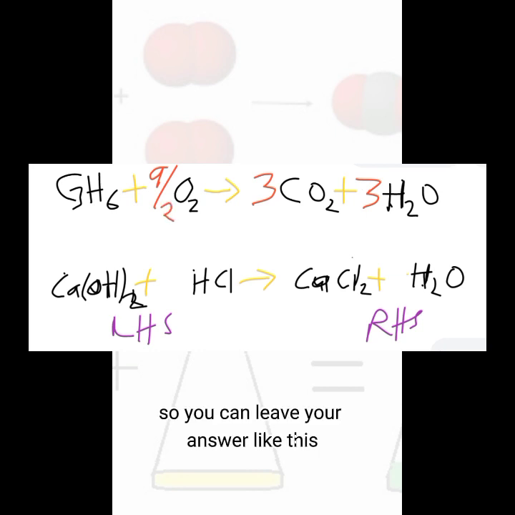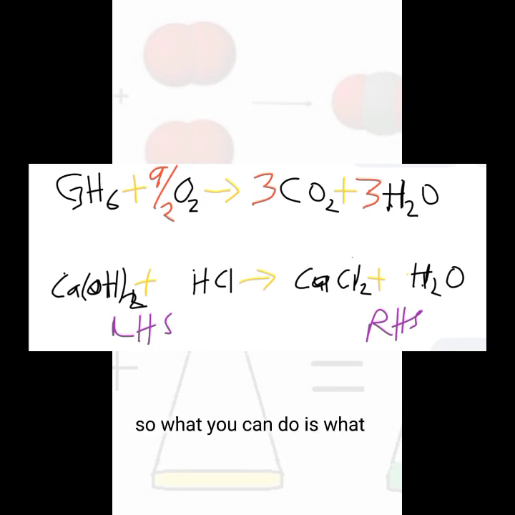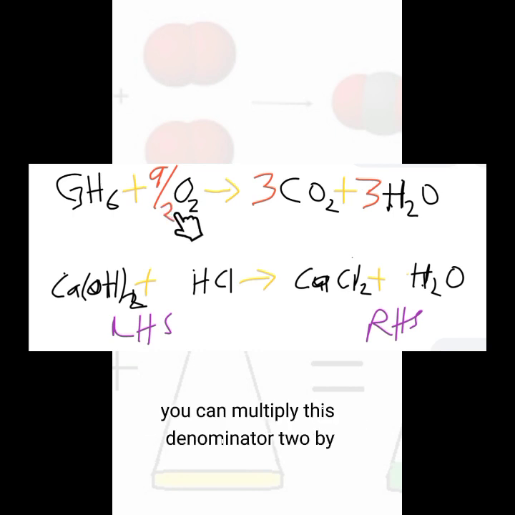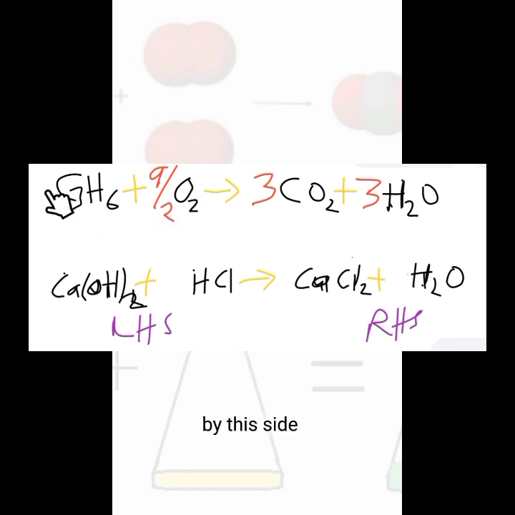So you can leave your answer like this, but it is better to make it whole numbers. So what you can do is multiply this denominator 2 by this side, by this side and this side.